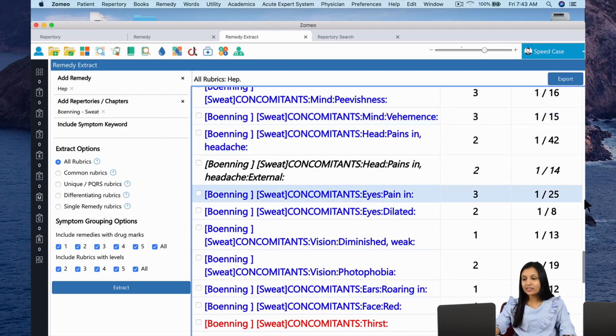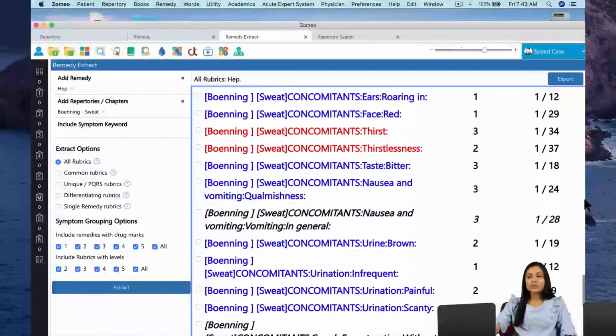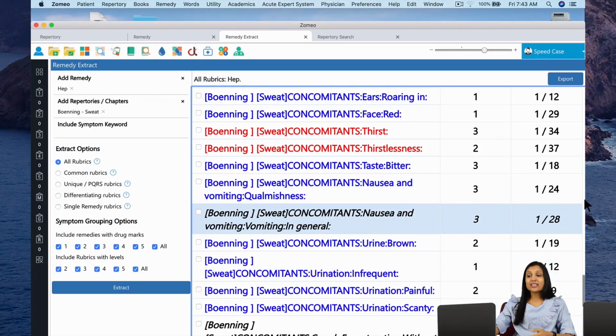He is irritated when he is perspiring. His face becomes red when he is perspiring, and there is nausea when he is perspiring. So if any patient comes to you and says that I feel nauseated, I feel like puking whenever there's a lot of sweat, think of Hepar Sulph.